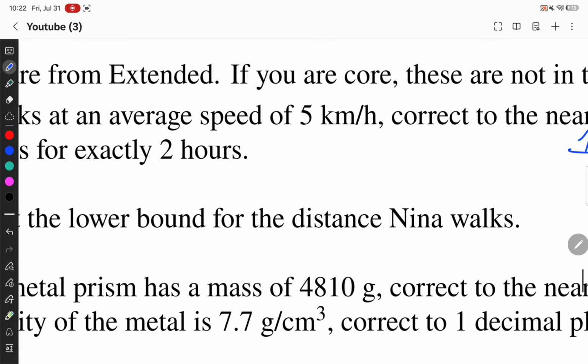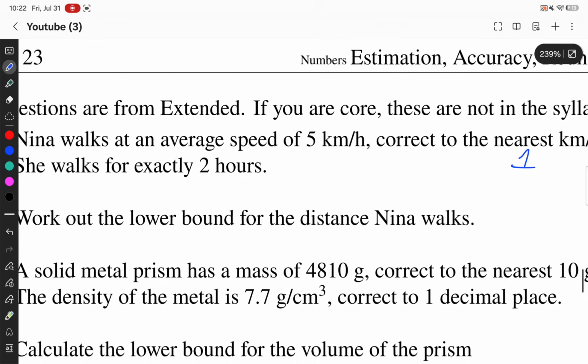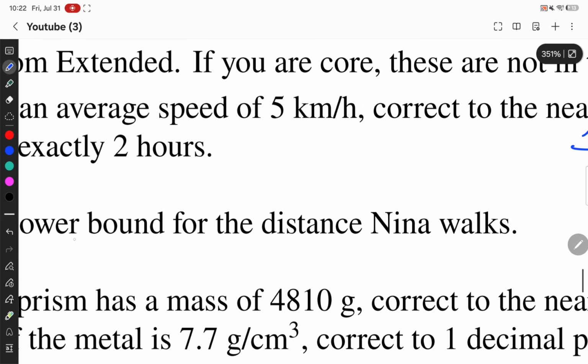And she walks for exactly 2 hours. This is a constant, not around 2 hours, exactly 2 hours. So how do you find the distance? Kilometers an hour times an hour is a kilometer. So, the lower bound.